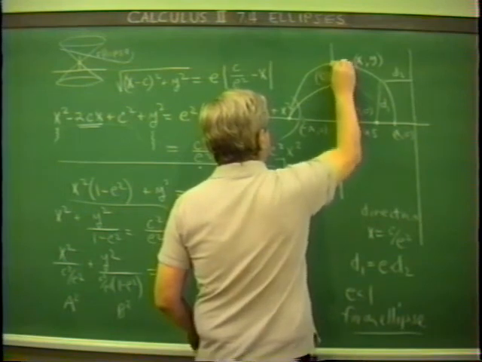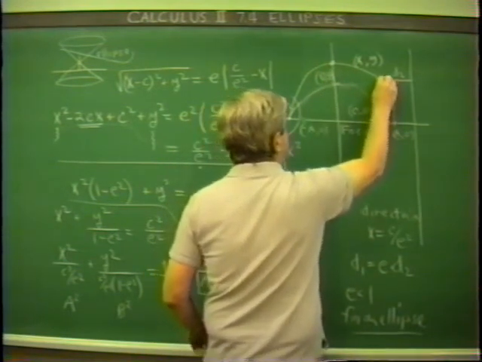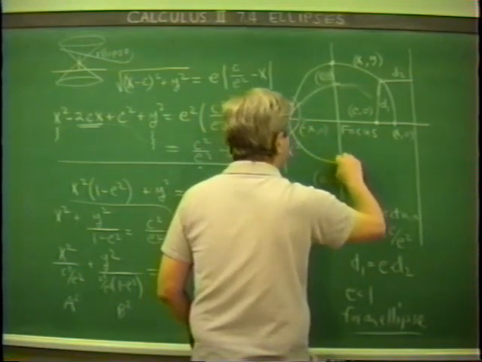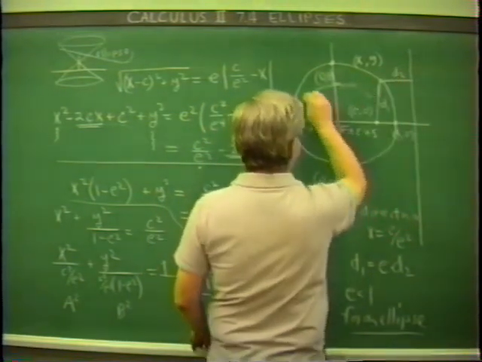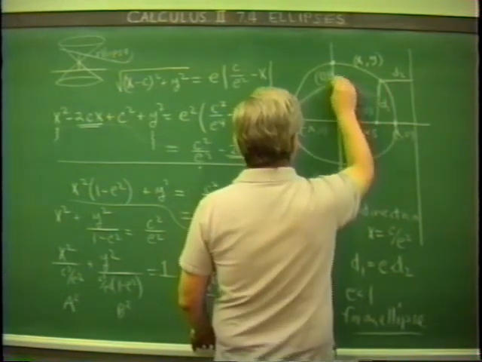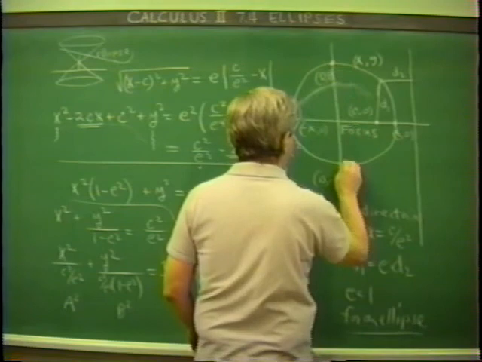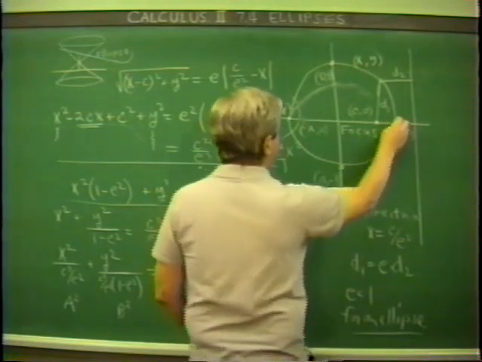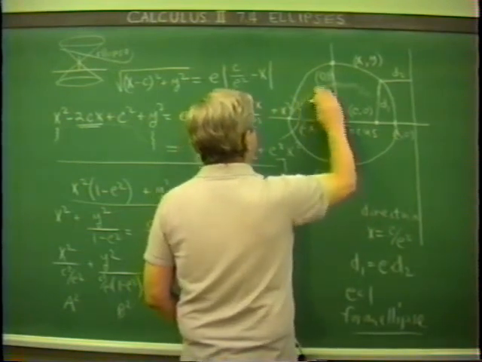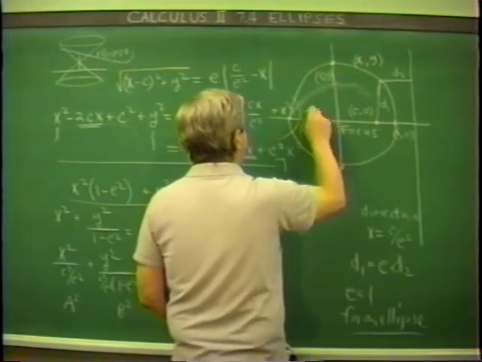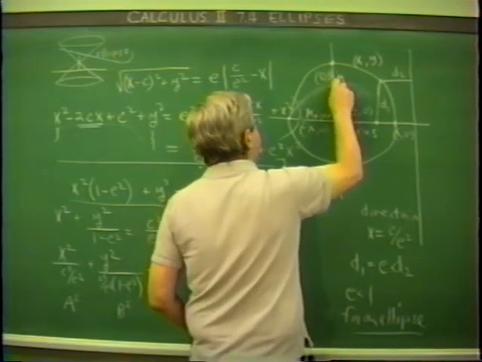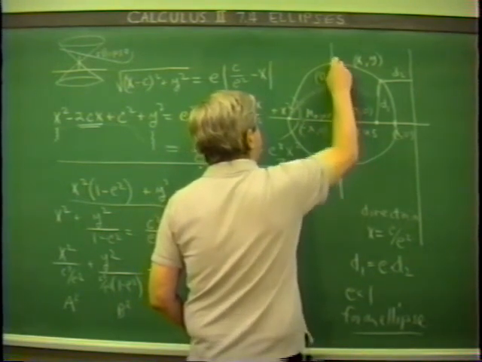So maybe we should make this the point 0, b here. It's supposed to go through this point where these distances are right, and over here like so. Not a particularly good drawing, but okay. This is the point 0, b. This is the point 0, minus b. a is larger than b. Since a is larger than b, this is called the major axis. And this one right here is called the minor axis.